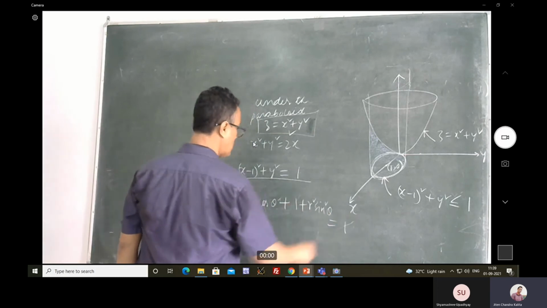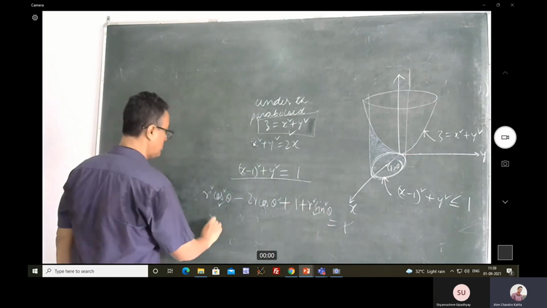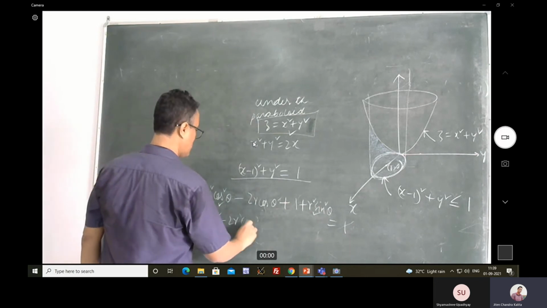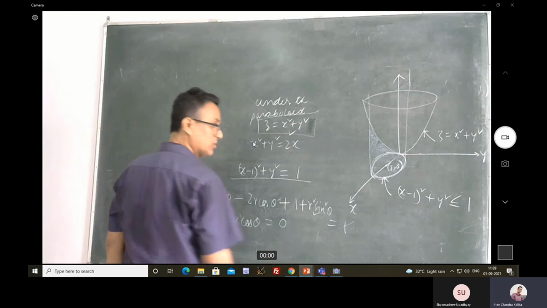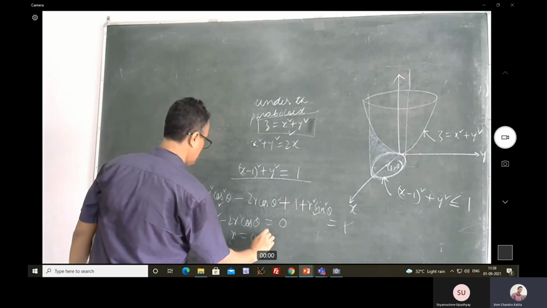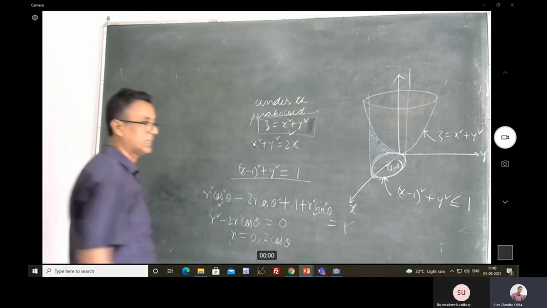So this 1 goes, and these two give you r squared. So r squared minus 2r cos theta equal to 0. From here, I am going to get r equal to 0 and 2 cos theta.